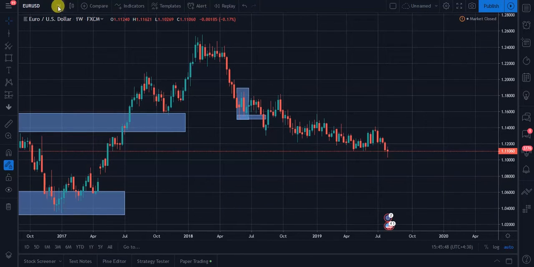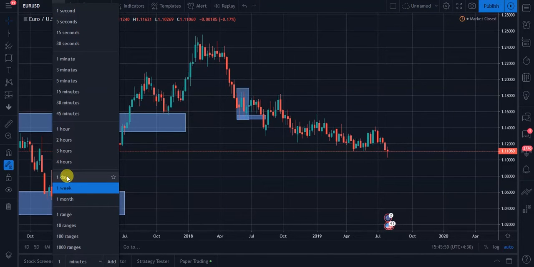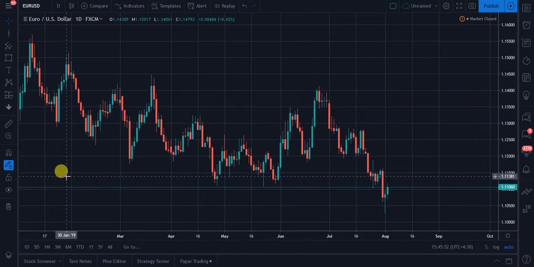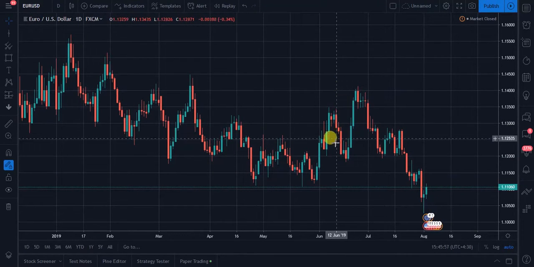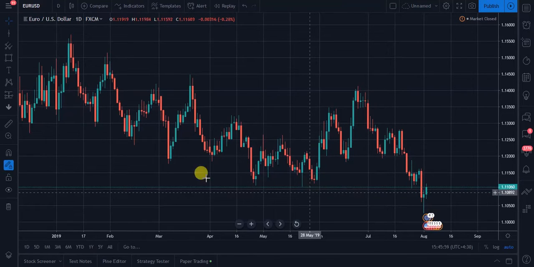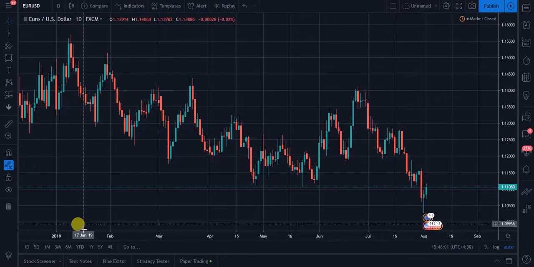So guys, let's switch to daily. It's my main time frame. We can also find little zones. For example, here, here, here, and here.